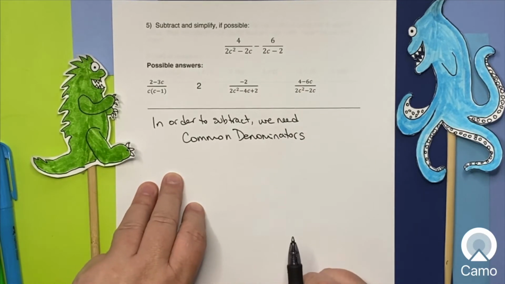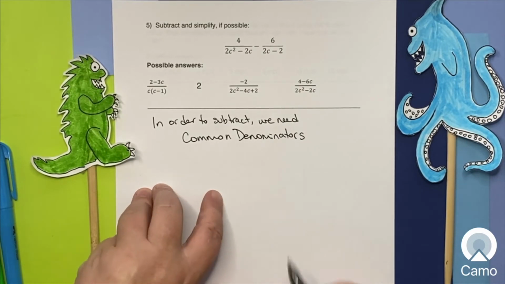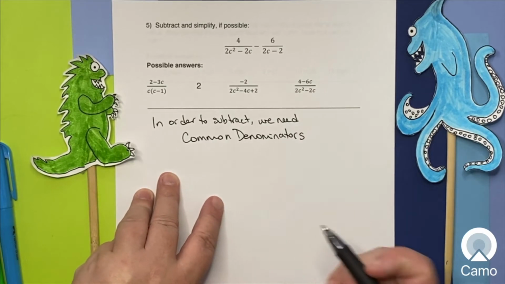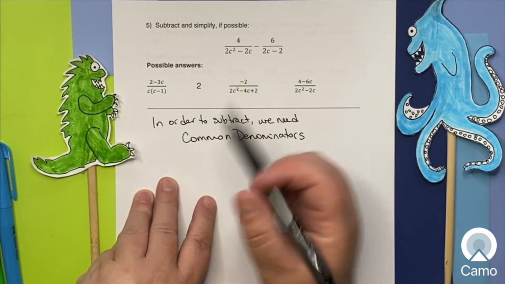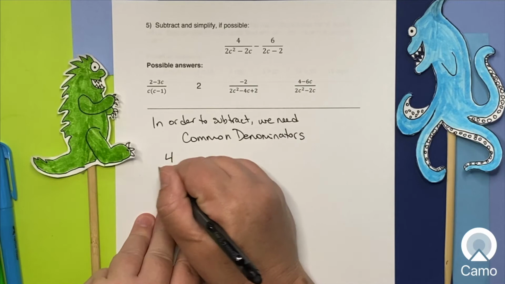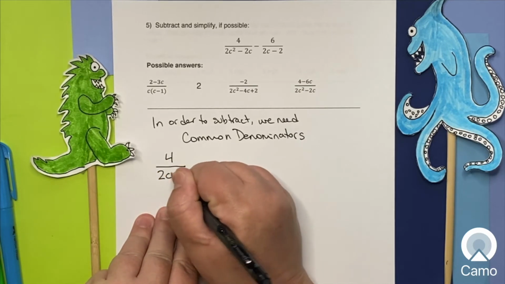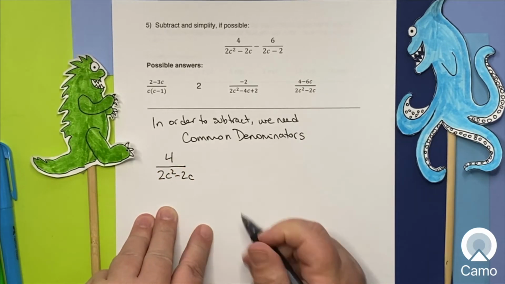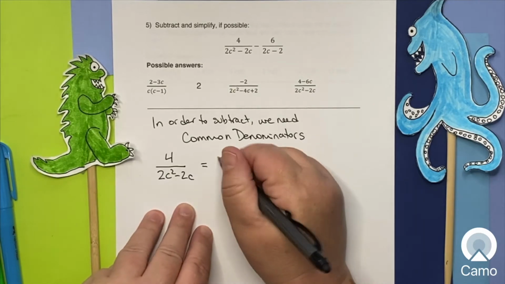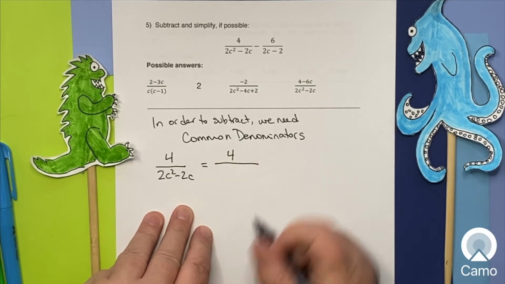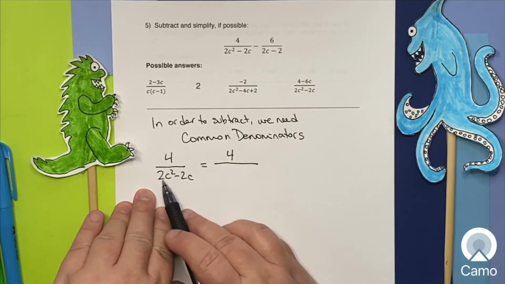Ugh, common denominators. So here's how we're going to do it. We're going to take a look at the two fractions. I'm going to see that this is 4 all over... And I see something interesting happens down here.